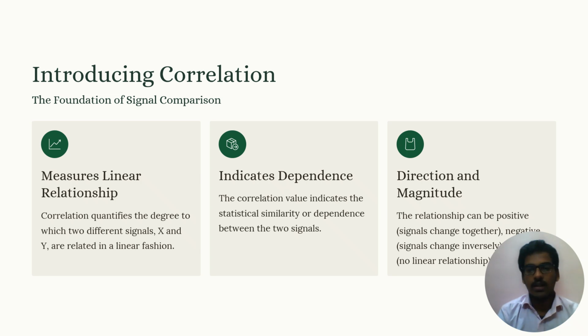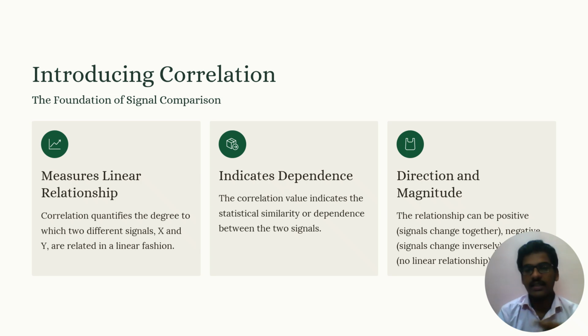Correlation tells us how two signals or variables are related to each other. It measures the degree of linear relationship between them. The correlation value indicates the statistical similarity or dependence between the two signals. If both signals increase or decrease together, then the correlation is said to be positive.